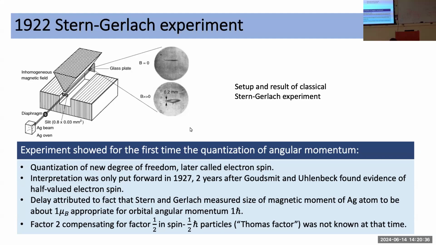The delay was mainly due to the fact that they measured the magnetic moment of the silver atom to be about one Bohr magneton, appropriate for an angular momentum of 1 h bar, and the factor 2 compensating this, the Thomas factor, wasn't known at that time. So they didn't really have full understanding and didn't want to publish it at that time.